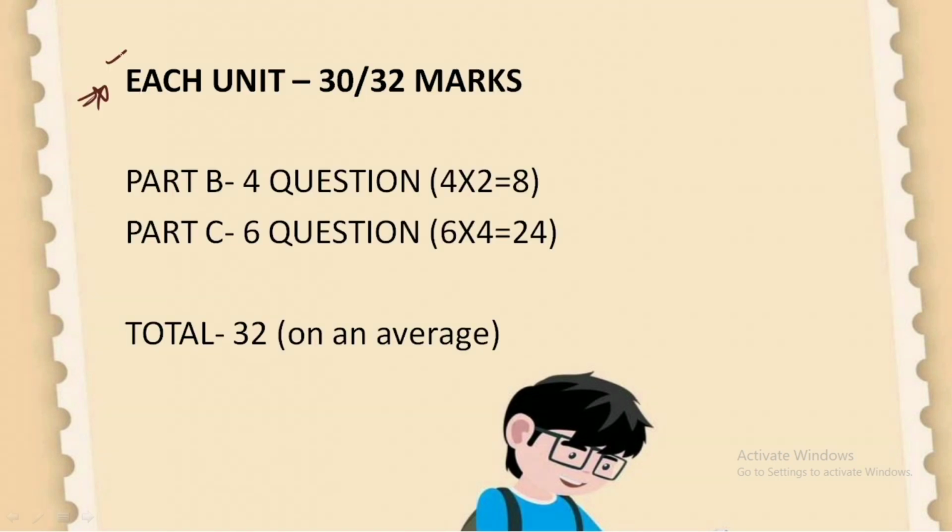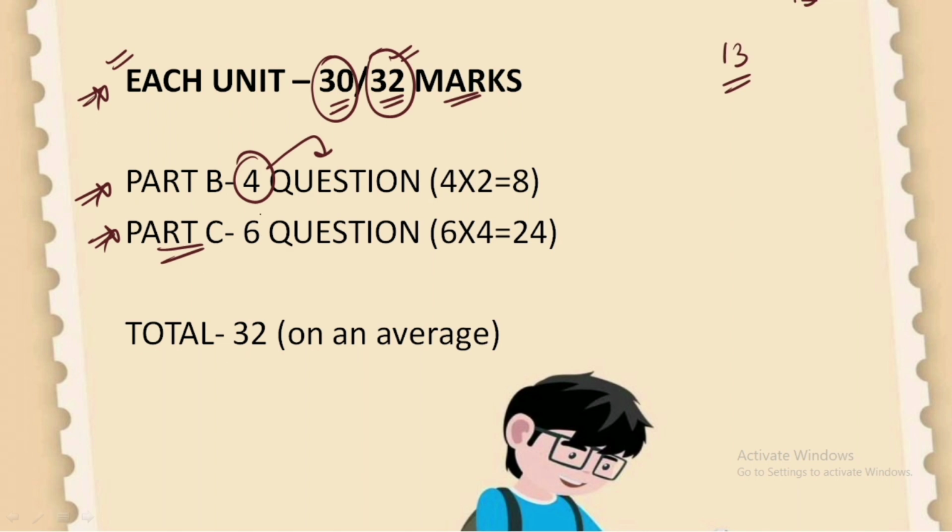So if we analyze the previous year question papers, we can find out that we have in total 13 units for the CSIR UGC NET examination, and for each unit approximately 30 to 32 marks are asked. And if we look part wise, in part B we have approximately 4 questions asked on an average, and in part C we get approximately 6 questions from every unit.